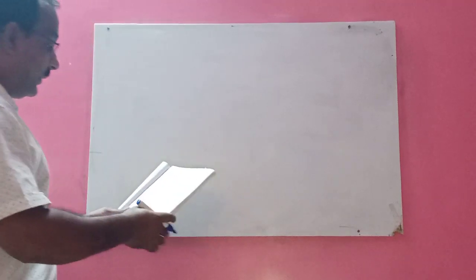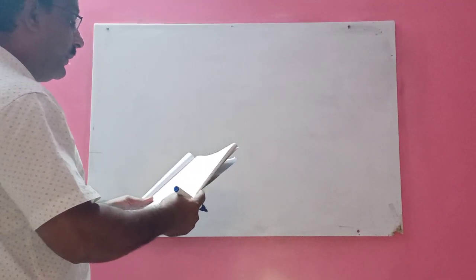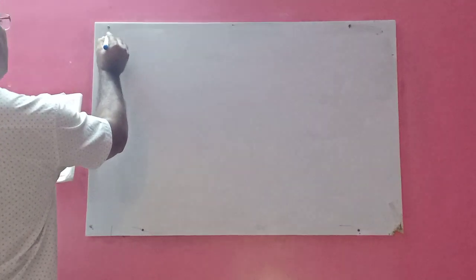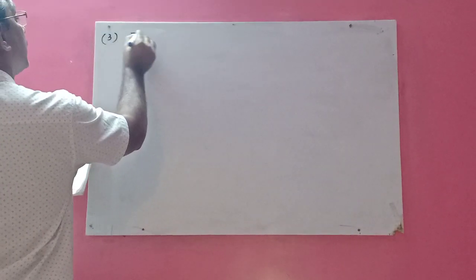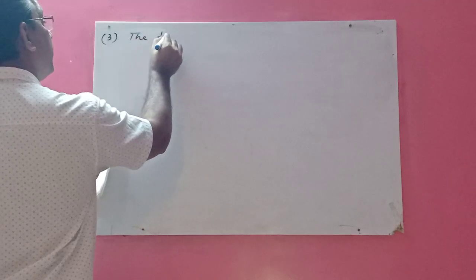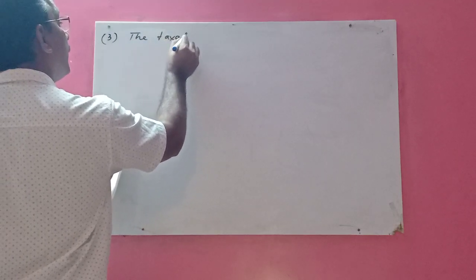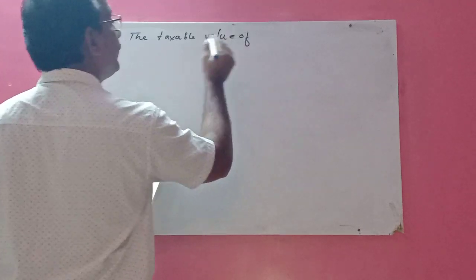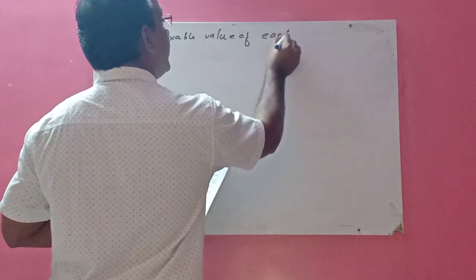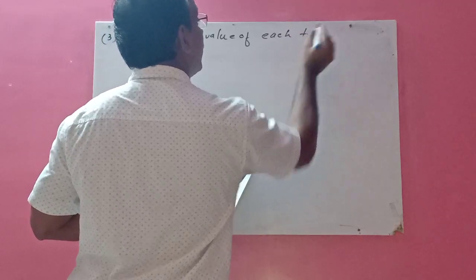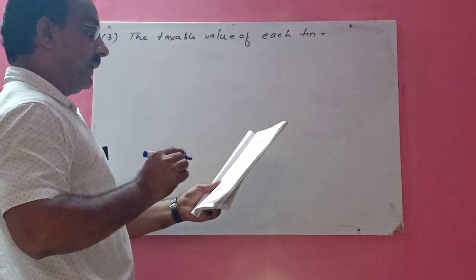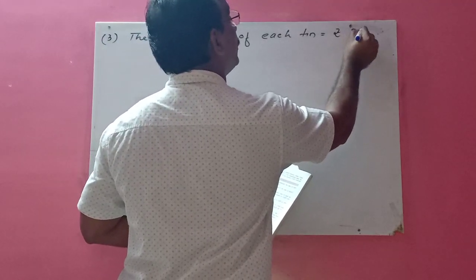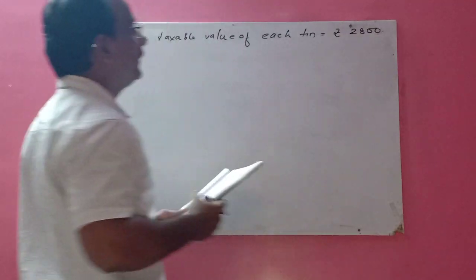So first you write here the taxable value of each tin. Question number 3. The taxable value of each tin is how much? It is given rupees 2800.